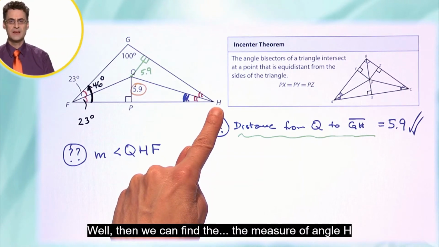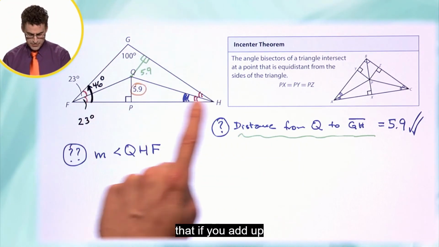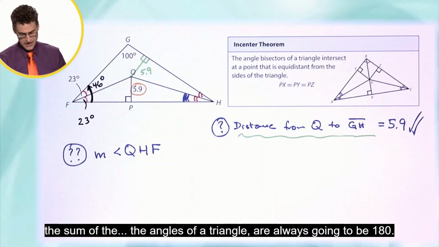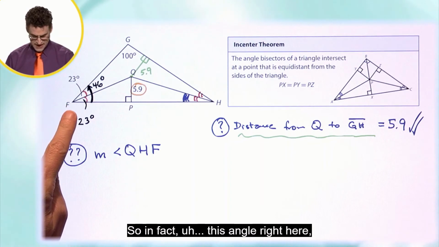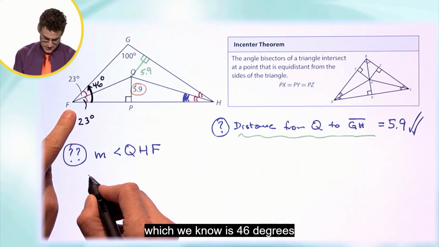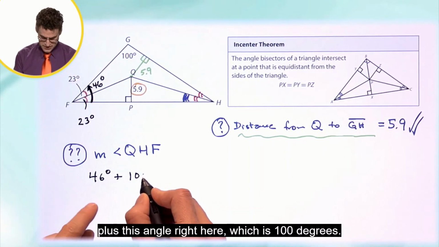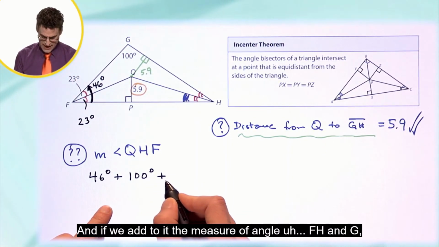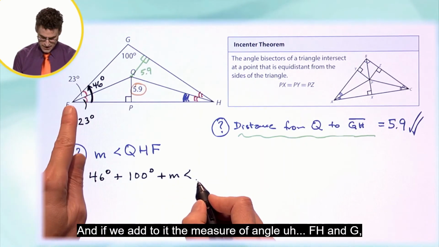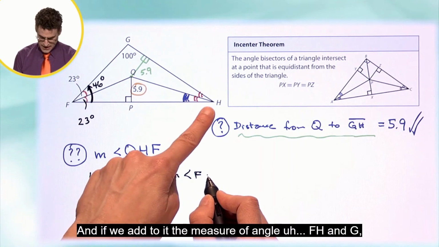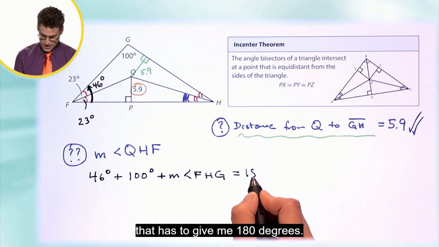Well, then we can find the measure of angle H, because, of course, we know that the sum of the angles of a triangle are always going to be 180. So, in fact, this angle right here, which we know is 46 degrees, plus this angle right here, which is 100 degrees, and if we add to it the measure of angle H, that has to give me 180 degrees.